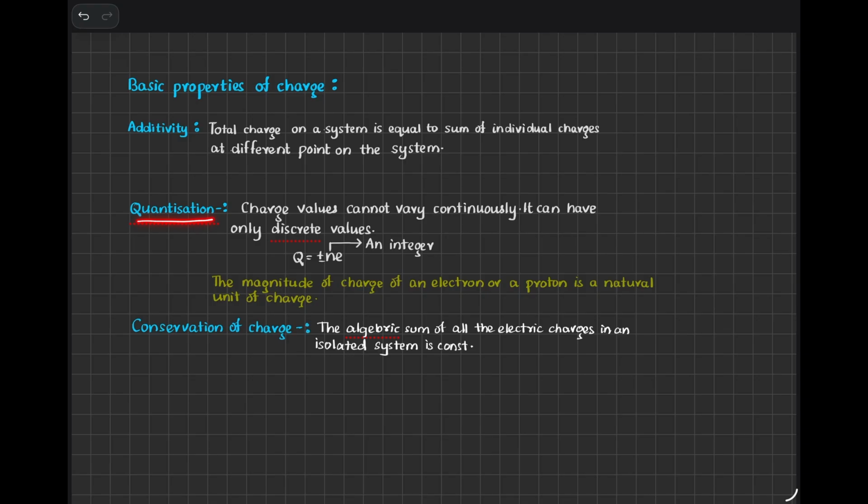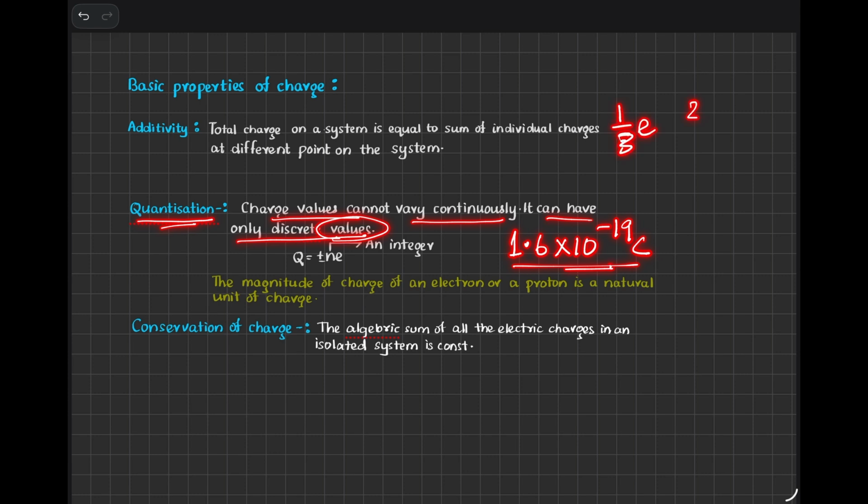Next is quantization. Charge values cannot vary continuously, they can have only discrete values, and that discrete value is the charge of 1 electron, which is 1.6 into 10 to the power minus 19 coulomb. We talked just a few minutes before that charges can have 1 by 3 e or 2 by 3 e amount of charge, right? Plus or minus 1 by 3 and plus or minus 2 by 3. These are the quark particles. But we also discussed there that quark particles do not exist isolated.